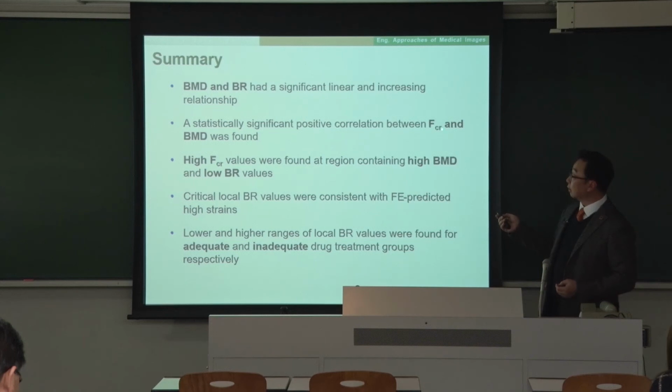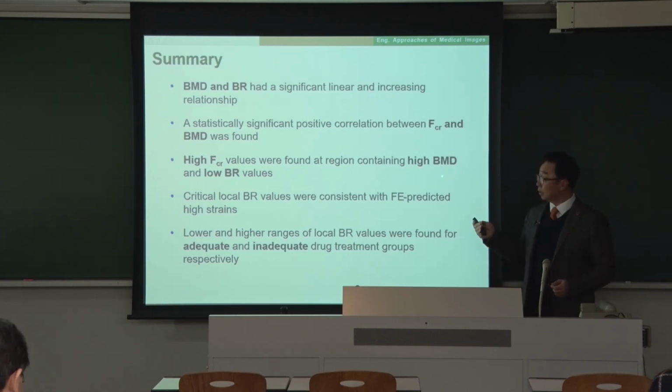And FCR, critical fracture load, and the BMD also show a positive relation at the beginning. If I combine these first two, high critical fracture load values were found at the region containing high BMD and low buckling ratio. Up to this much, yes, we could understand.